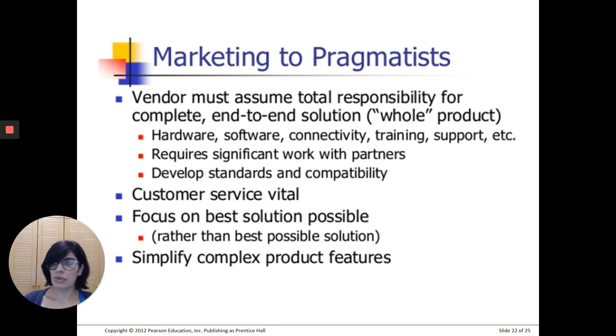In this stage, when you're marketing to pragmatists, customer service is absolutely vital. Your focus is on the best possible solution, okay? And you have to simplify the complexities in your product features in order for the customer to understand it and adopt it.